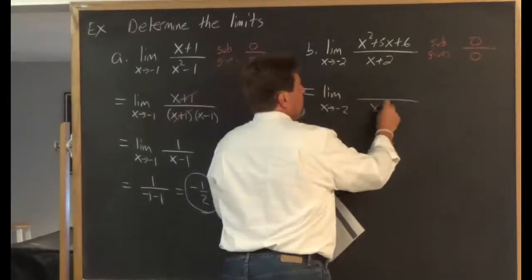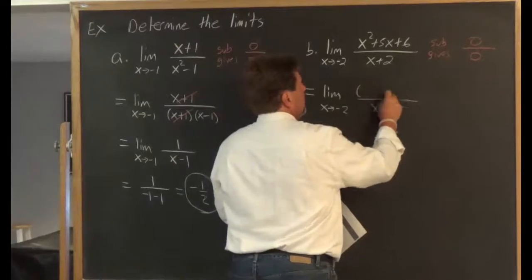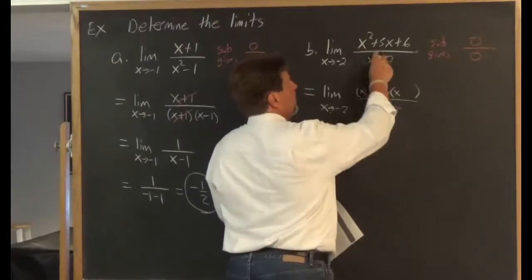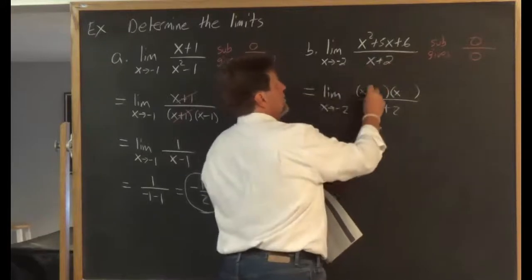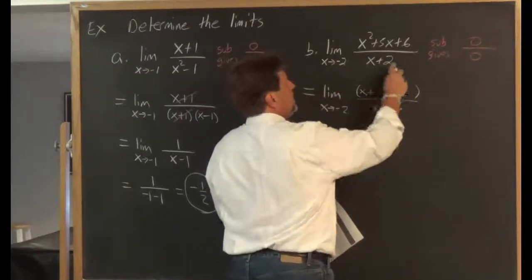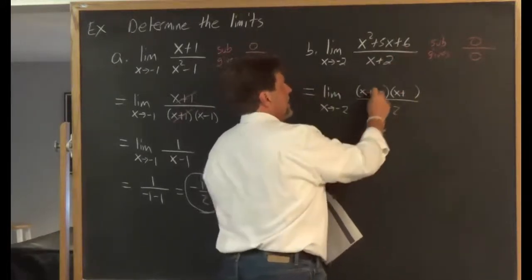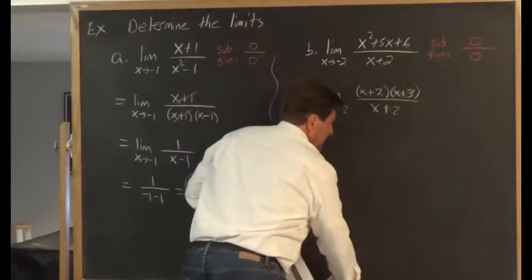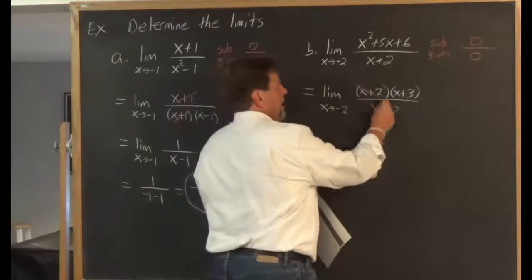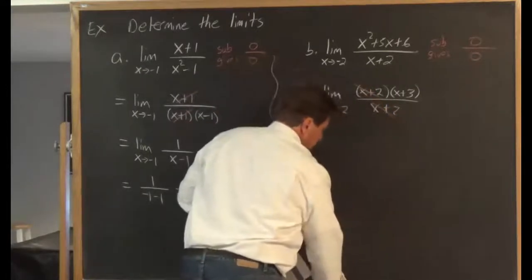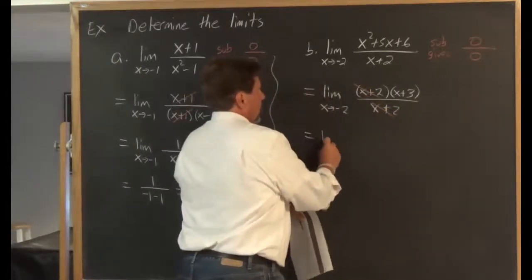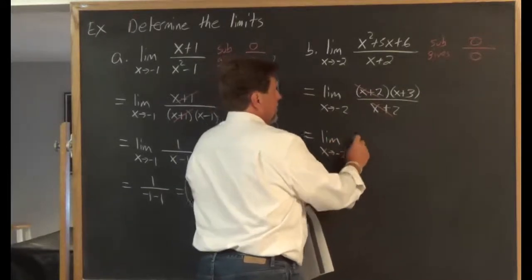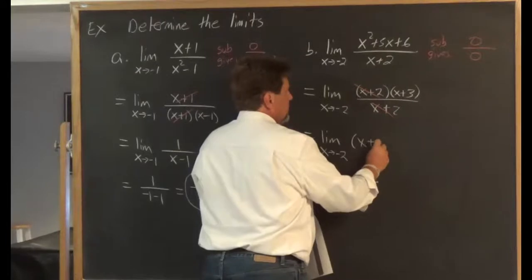So let's try to factor that numerator. I'd have an x here and an x here. Both signs are addition, so both signs here would be addition. I think of the factors of 6, and I come up with 2 and 3. We can now cancel out the x plus 2s. We're left then with the limit as x approaches -2 of x plus 3.